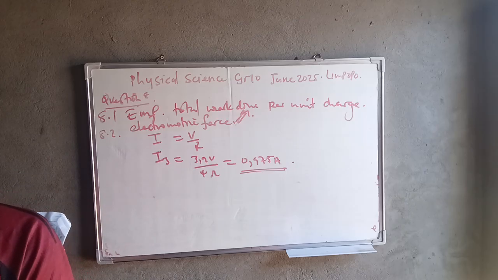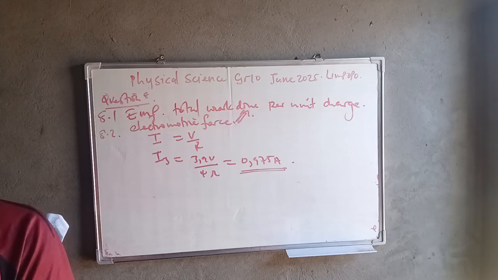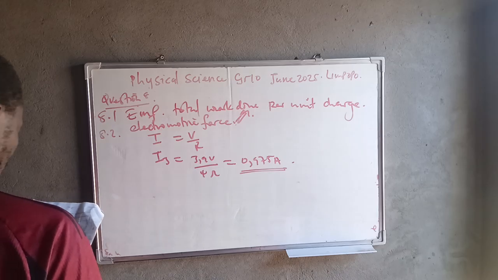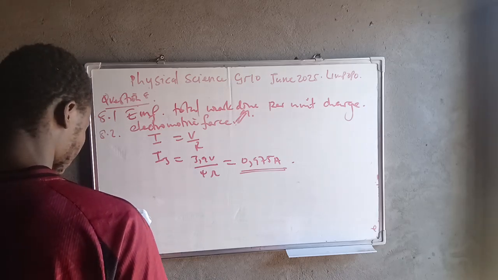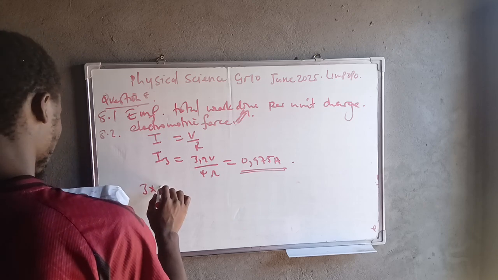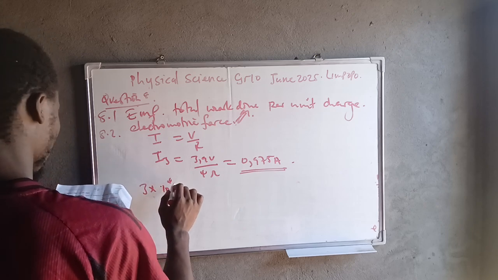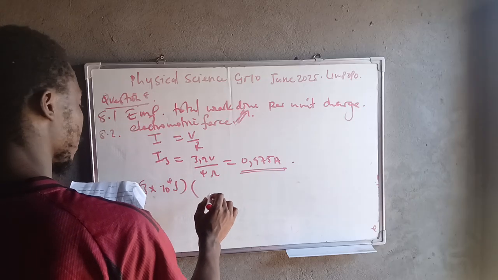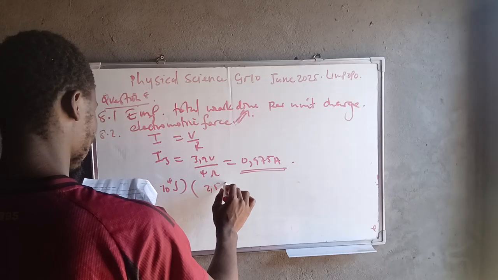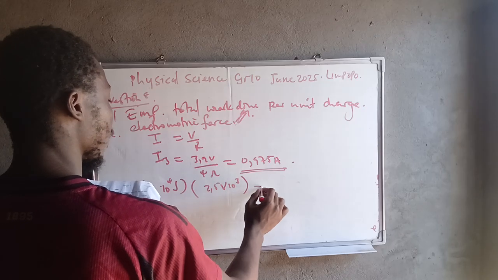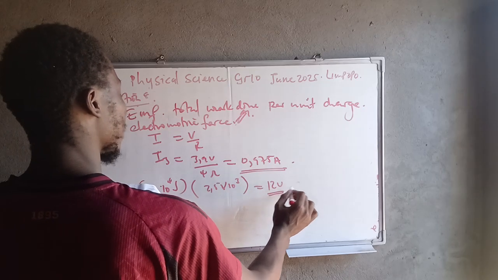Then from there, to determine the voltage across V1, we can use the energy. So we can say 3 times 10 to the power 4 joules over 2.5 times 10 to the power 3, which will give us 12 volts.